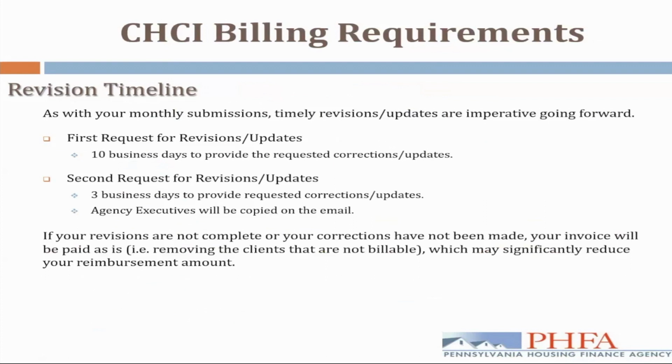The second time it comes in, if there are still errors, we'll send it back again and provide 3 business days for you to get us the updated corrections, and your agency executives will be copied on that email. The third time we get the billing, if there are still errors, we will simply take those clients off of your billing report and only pay you for the clients that are correct.